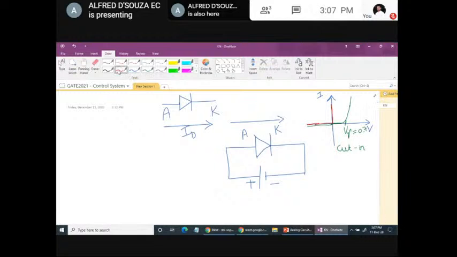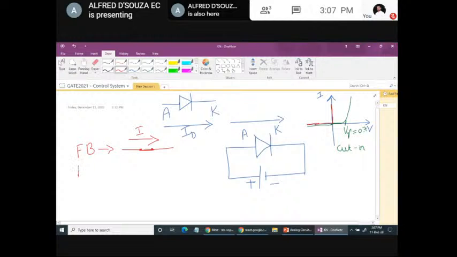In the case of the ideal equivalent model, if the diode is forward biased, then it is represented as a closed switch. That means current can flow through the diode, of course unidirectionally from anode to cathode.